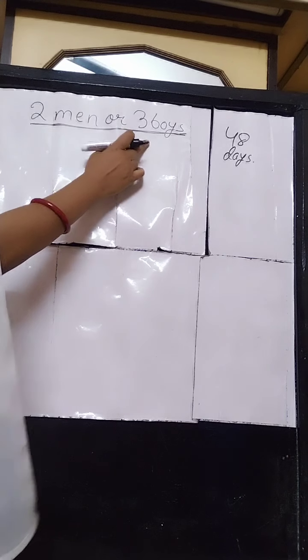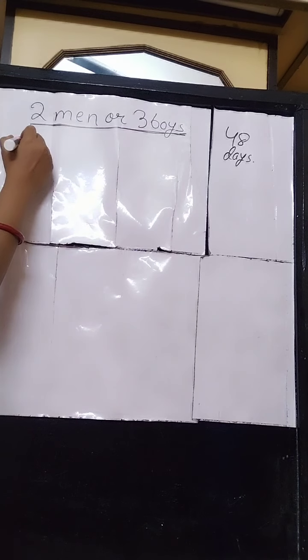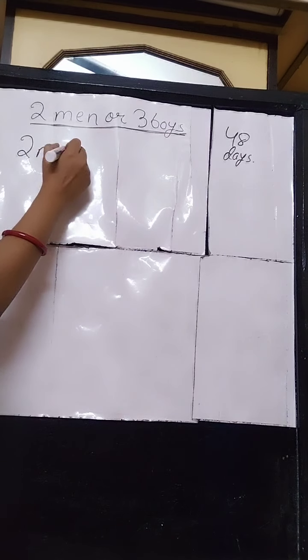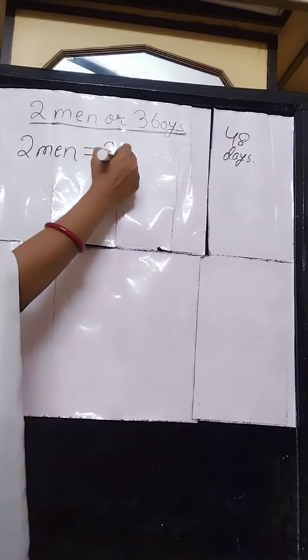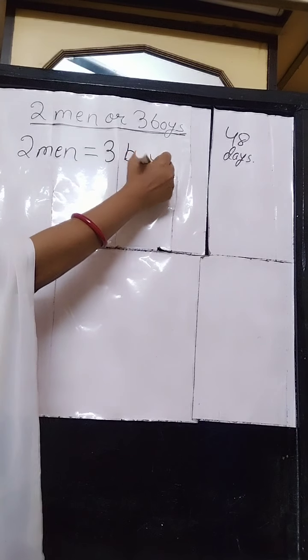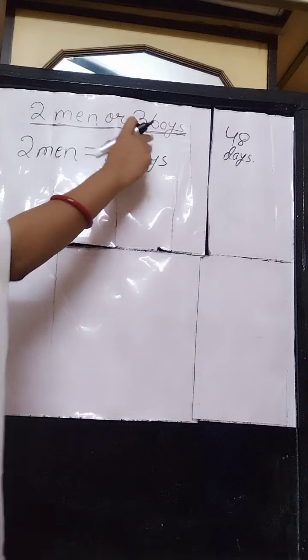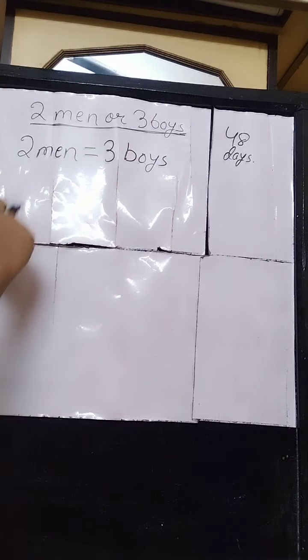How? Please see carefully. Here it is given two men or three boys. This means that two men is equal to three boys. Two men can do a work or three boys can do a work in 48 days.